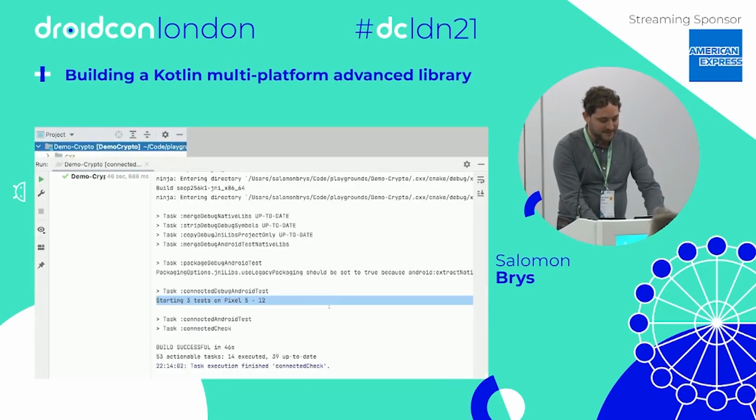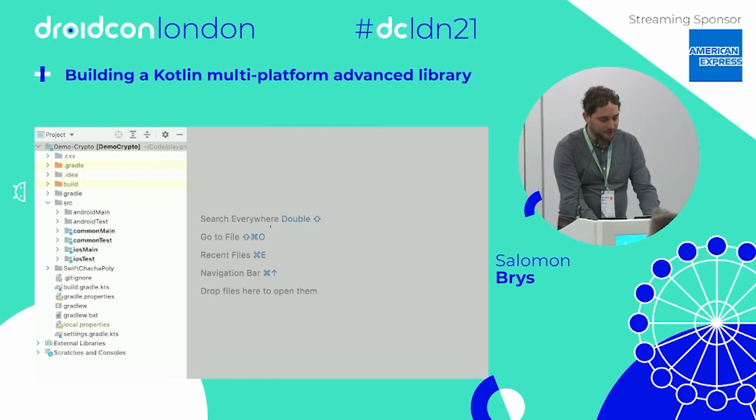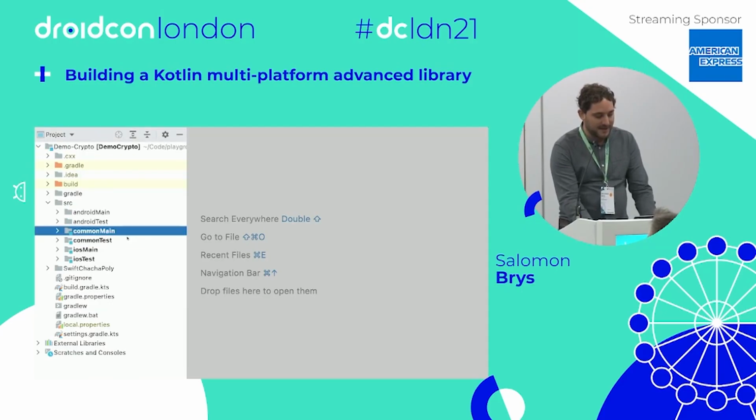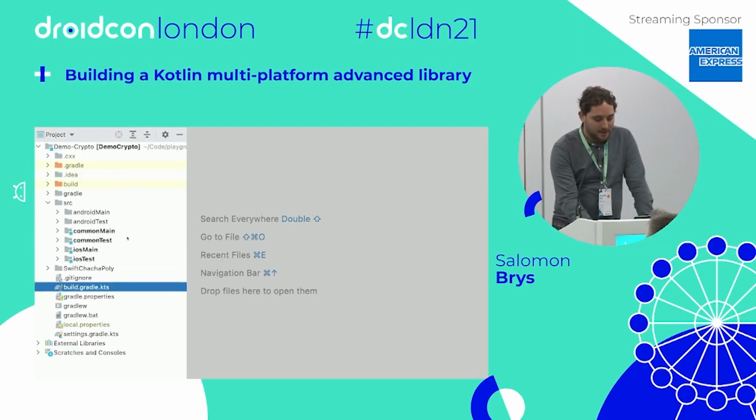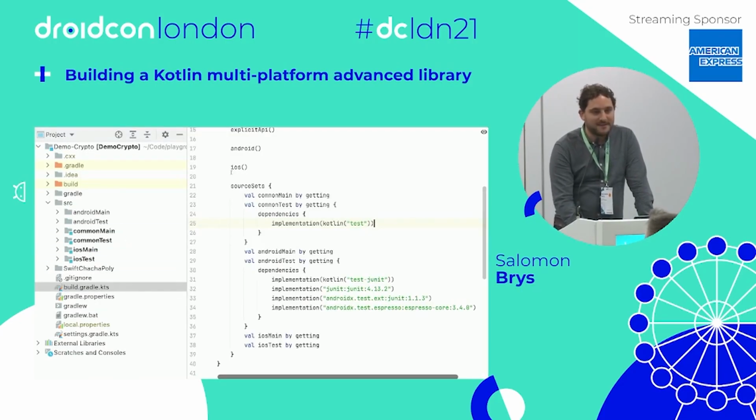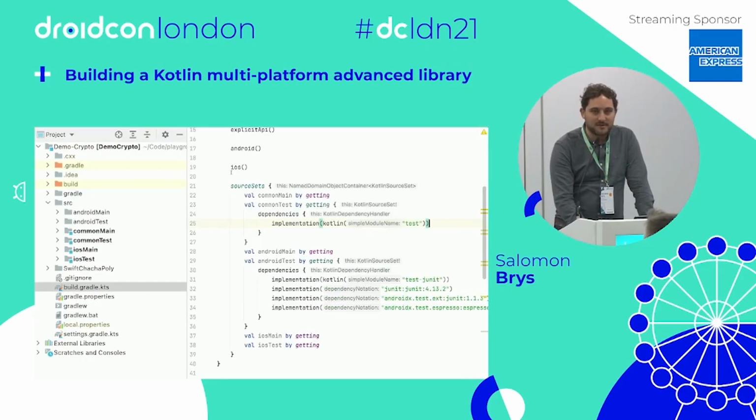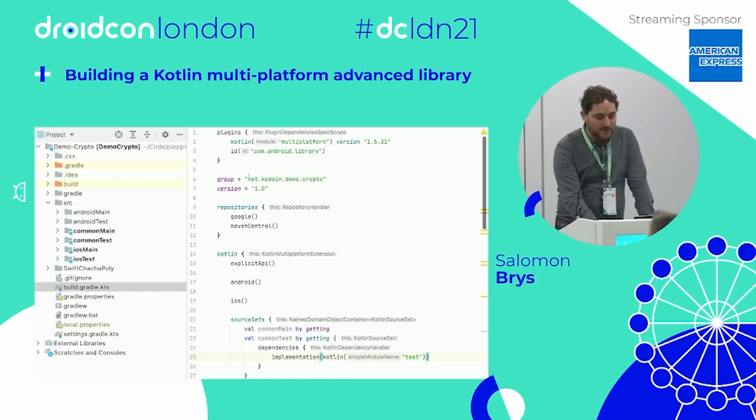The first stage is creating a multi-platform library. I'm not going to go into a lot of details about that. The JetBrains documentation is pretty exhaustive. I just created a Kotlin multi-platform library that targets Android and iOS.